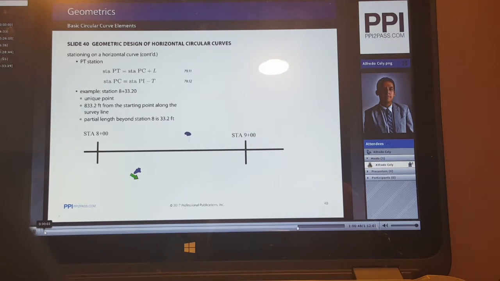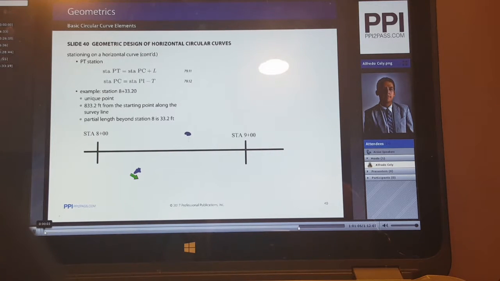That means 50 feet to the right of the survey road center line, and you are at plus 25.